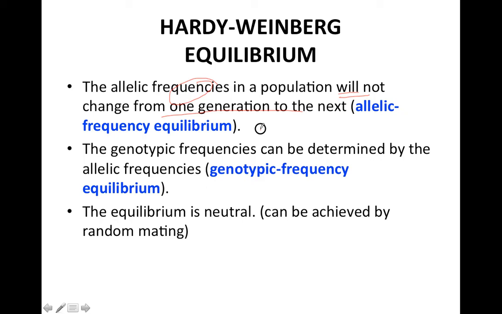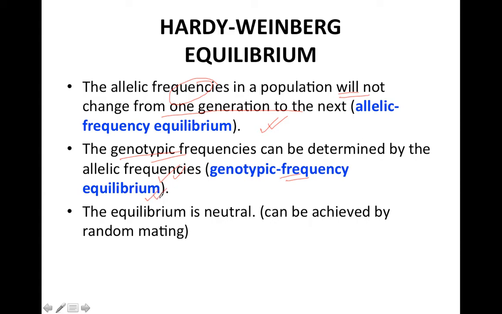This is called allelic frequency equilibrium. And in the same way, we have genotypic frequencies. Now this genotypic frequency can be determined by allelic frequency. This is called genotypic frequency equilibrium.